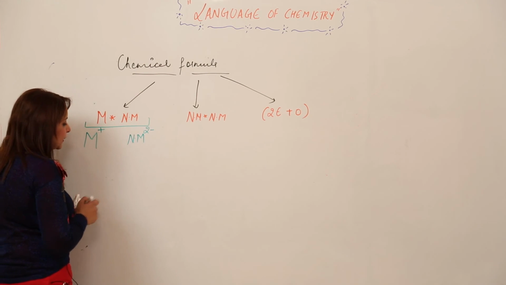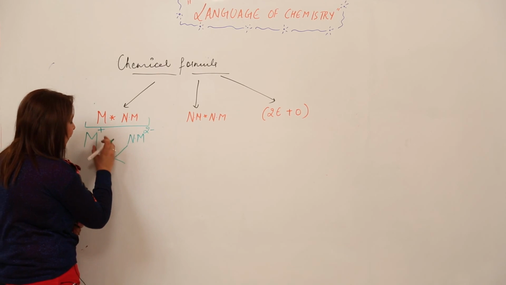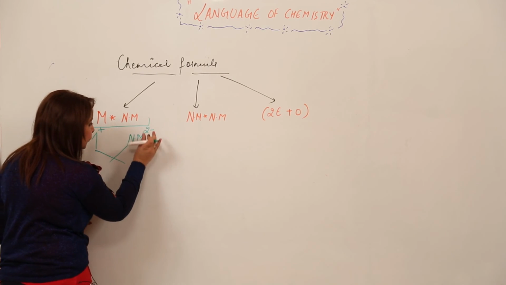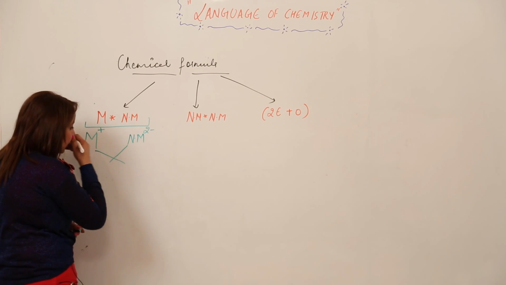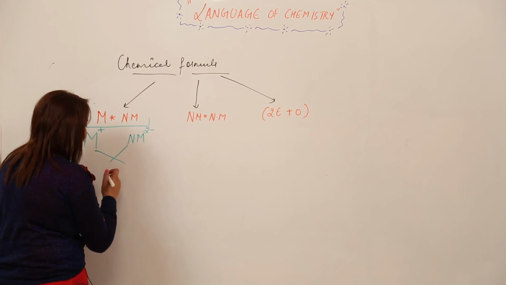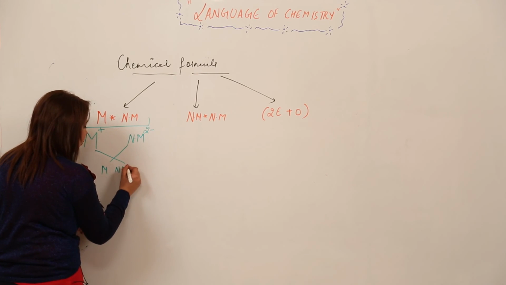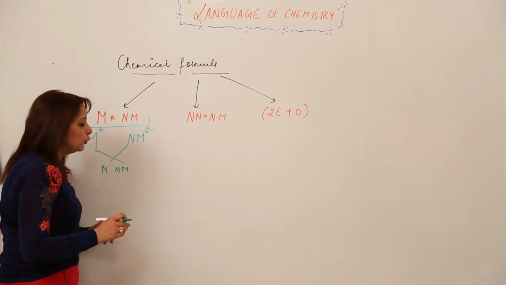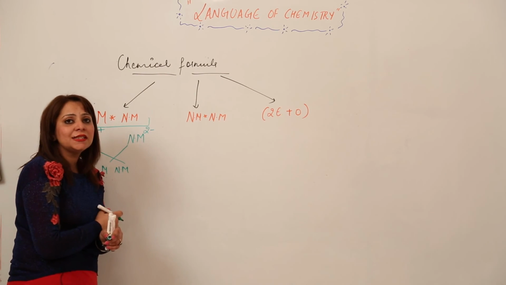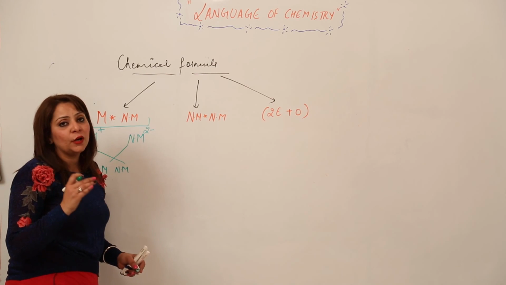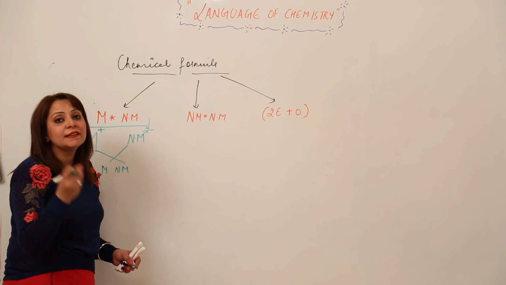Then crisscross them by interchanging their valencies. Write the valency of the first on the foot of the second, and the valency of the second on the foot of the first, right. When you are crisscrossing them, don't change the places of the metal and non-metal, they will remain as such. You just cross the valencies, and don't write plus or minus signs on the foot, you just need to write the number, right.